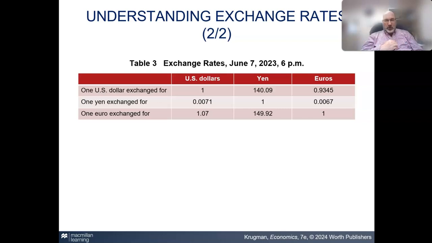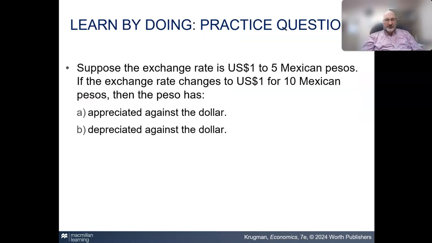It was worth 0.9345 euro. 1 yen was worth $0.0071 and 0.0067 euro. 1 euro is worth $1.07 and 149.92 yen. So that's the way those three were playing out.